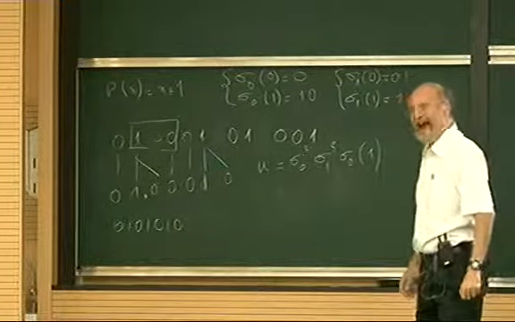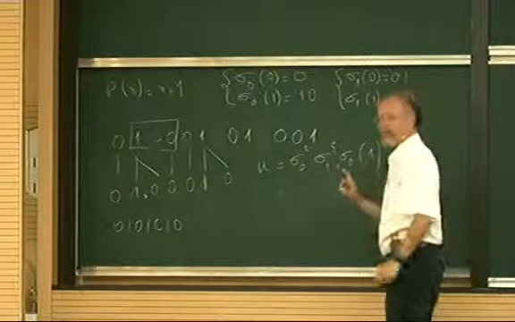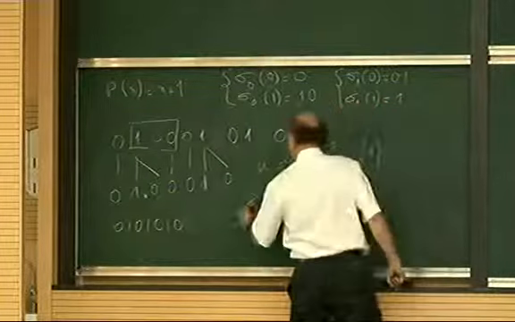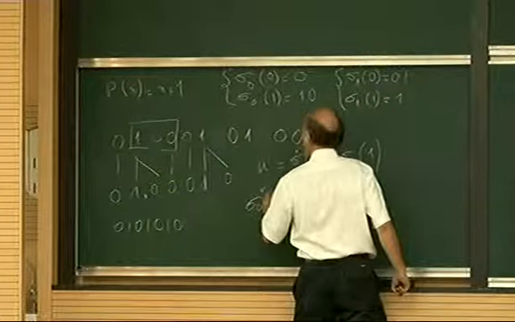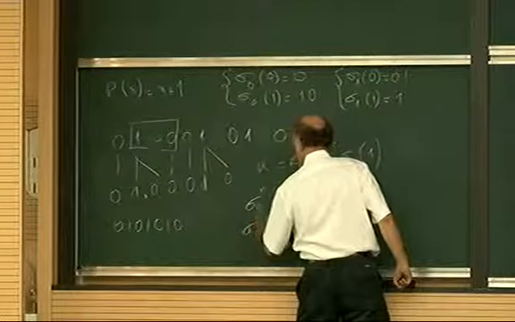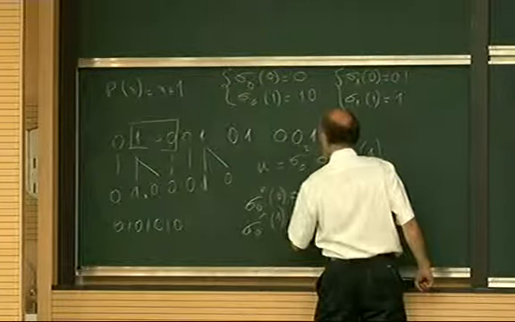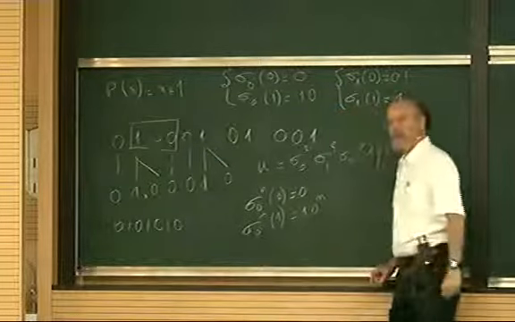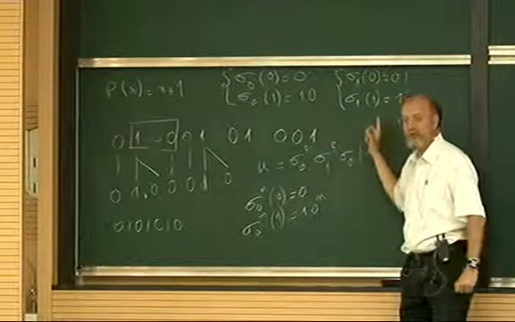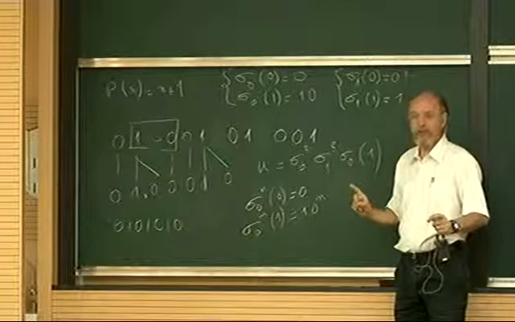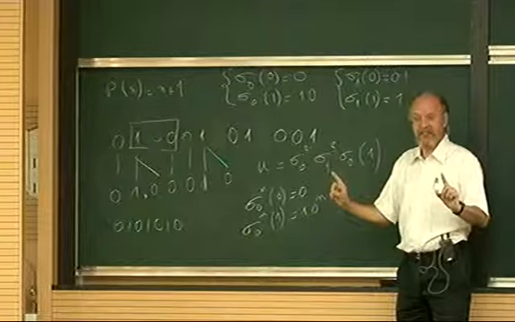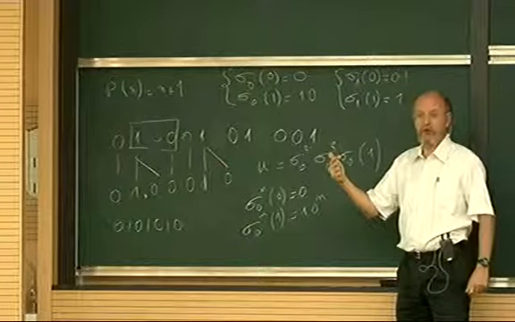If you iterate, yes, that's a different problem. If you iterate sigma 0, then sigma 0 to the power n of 0 is just 0, and sigma 0 to the power n of 1 is 1 0 to the n. These two substitutions are not primitive. What happens is that you have to exchange, and then if you exchange, then it becomes primitive.